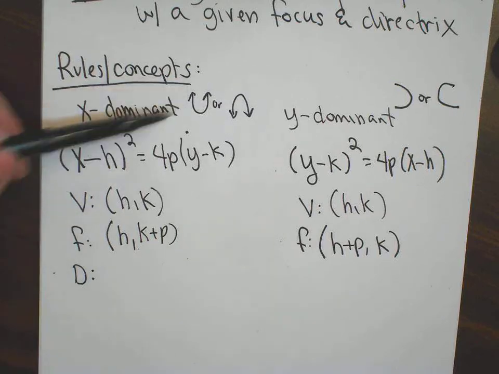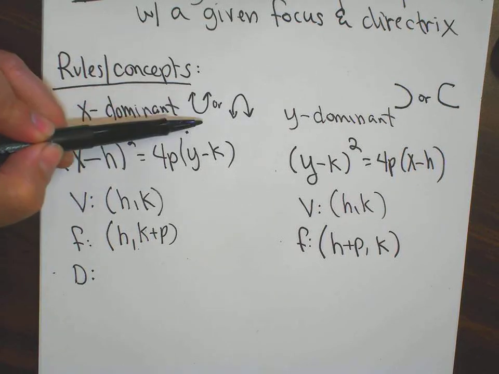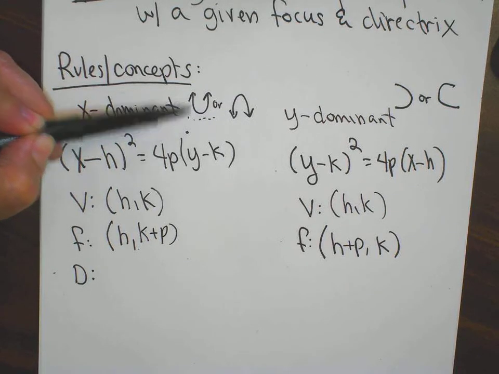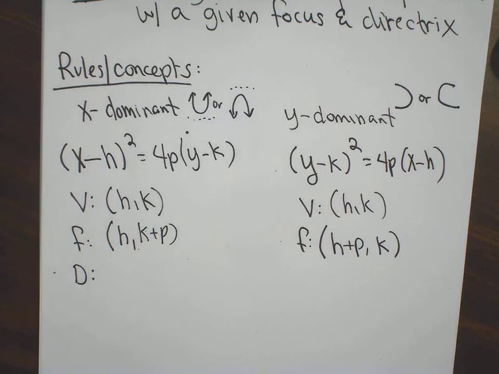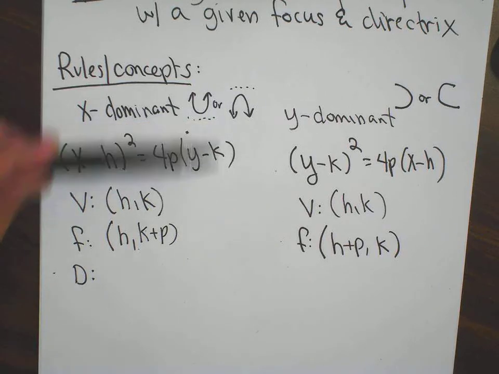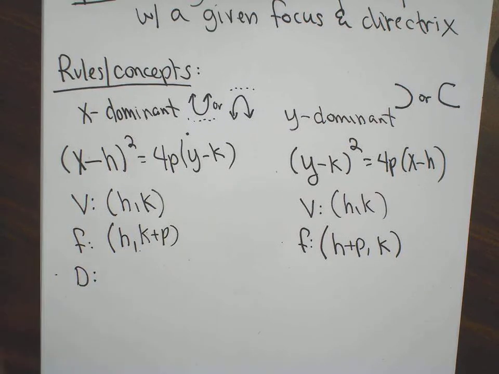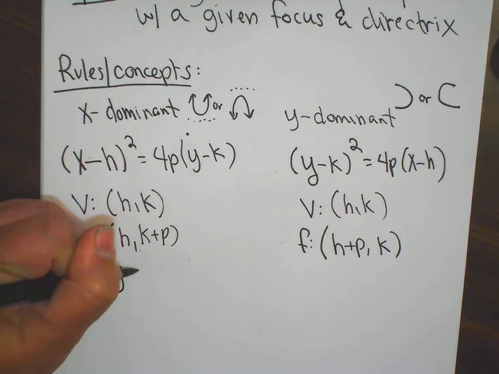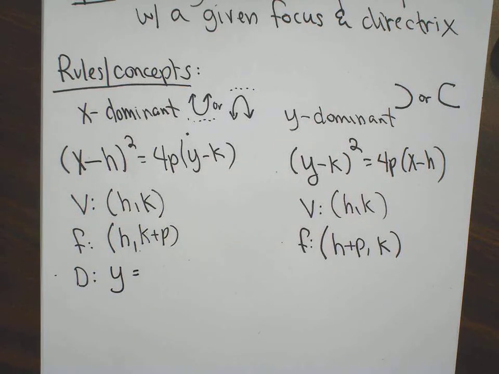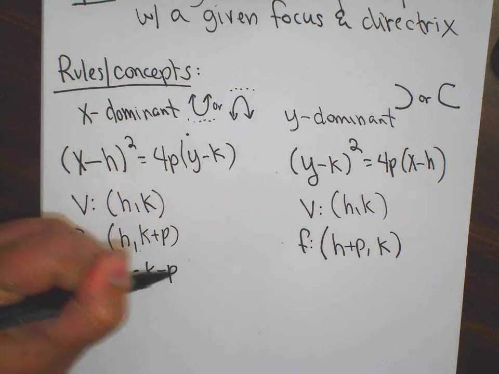So what kind of line does an X dominant parabola have? Is it horizontal or vertical? It's horizontal, and horizontal lines go through which axis? Y. So this is y equals something. What is it? It's going to be k minus p.